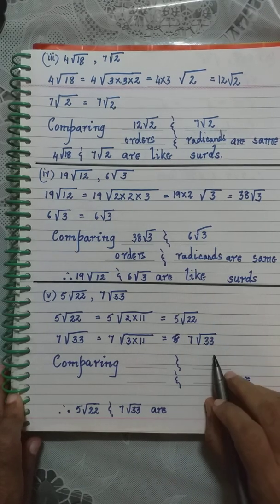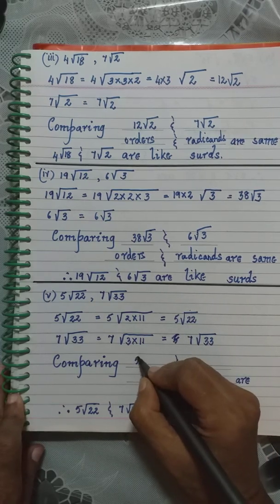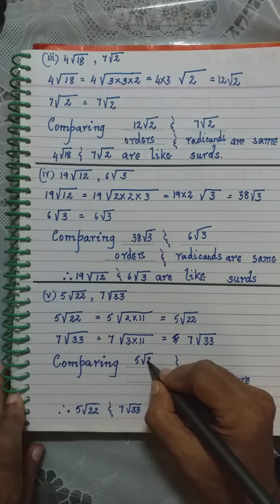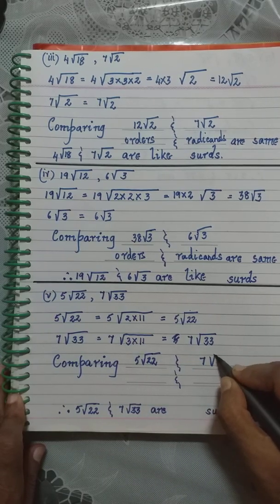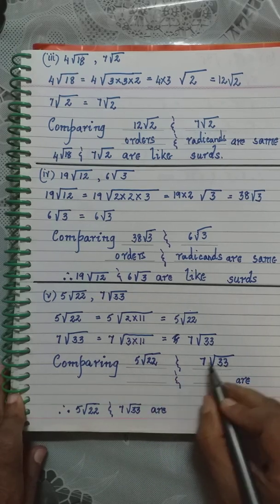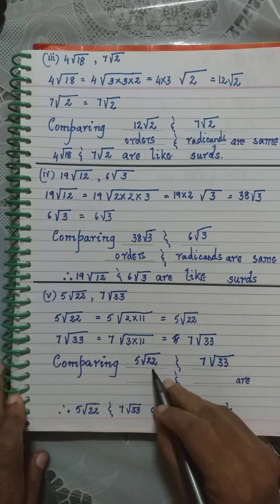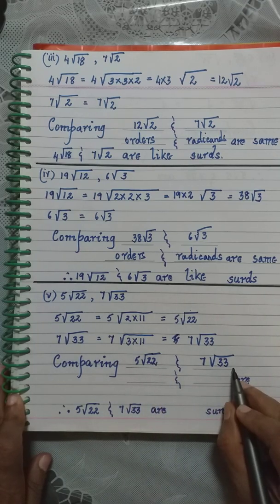So now what are we to compare? These two, 5 root 22 and 7 root 33. Orders are the same? Yes, both are 2. Radicands are different. One is 22, the other is 33.